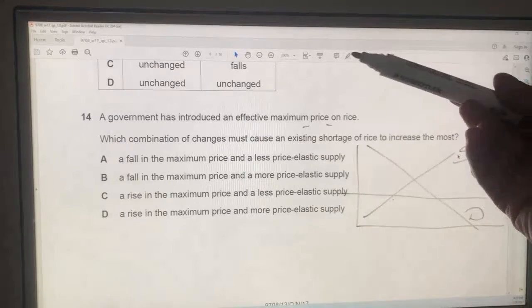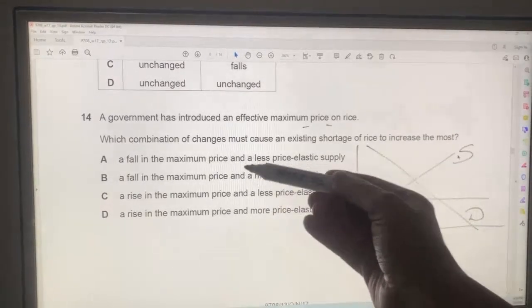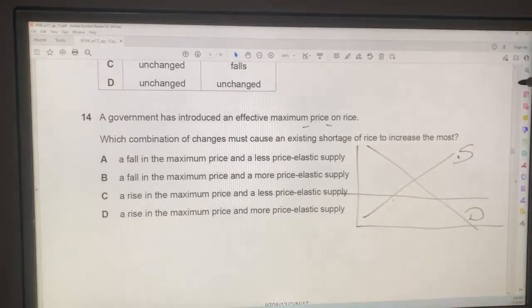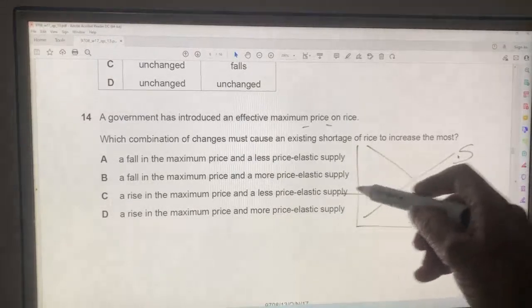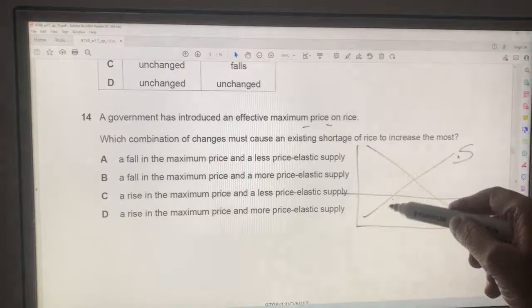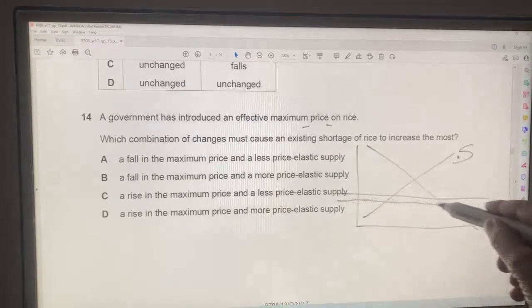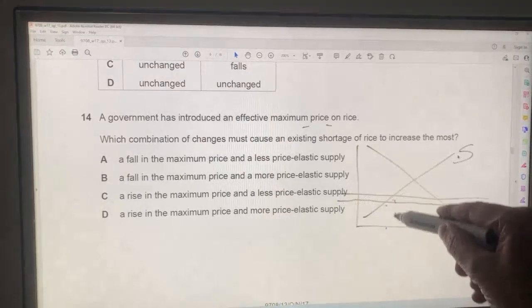A says fall in the maximum price and a less price elastic supply. Oh, this is related to 13. If we decrease the maximum price, that will certainly increase the shortage, right?